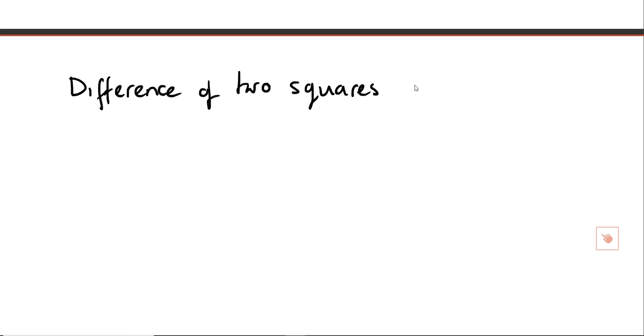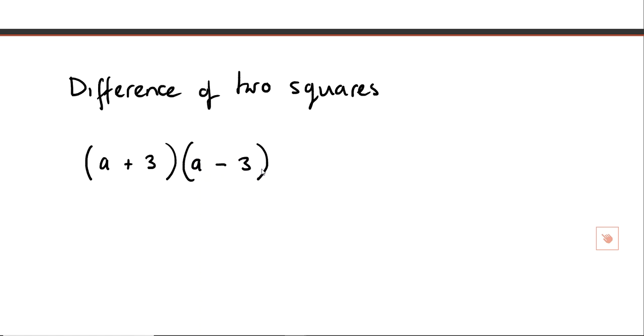So, the difference of two squares, I'm going to give you in factorised form first, like we've been doing. We've been expanding the brackets. An example would be a plus 3 multiplied by a minus 3.